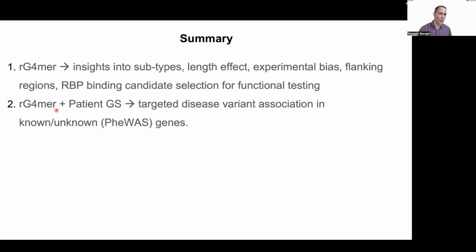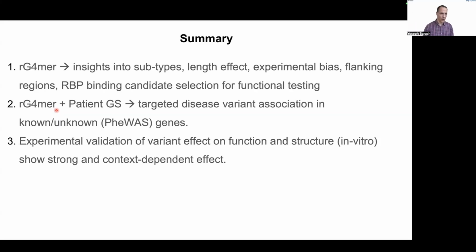I also showed you how we can connect it with patients' genome sequencing to find disease variant association, either in known or unknown GWAS genes. And I also showed you experimental validation of variant effect on function and structure that shows strong and context-dependent effects. All right.